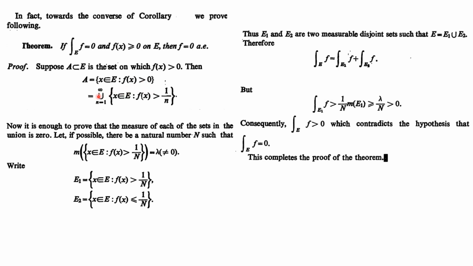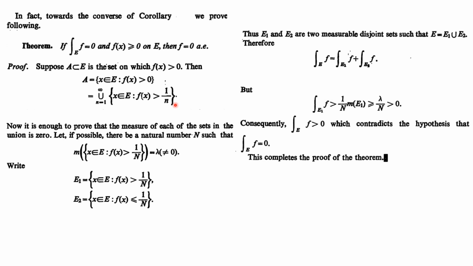We can also write this as a union of all those x belonging to E where f(x) is strictly greater than 1/n. That means those points of E where f(x) is greater than 1, those points of E where f(x) is greater than 1/2, 1/3, and so on. Take the union of all these, you will get this set.